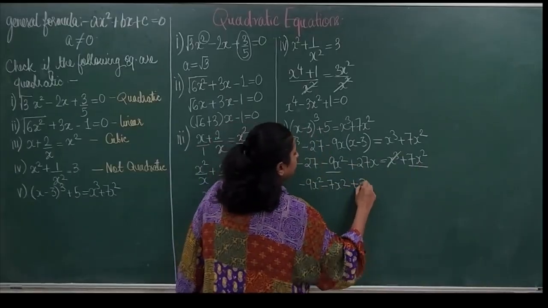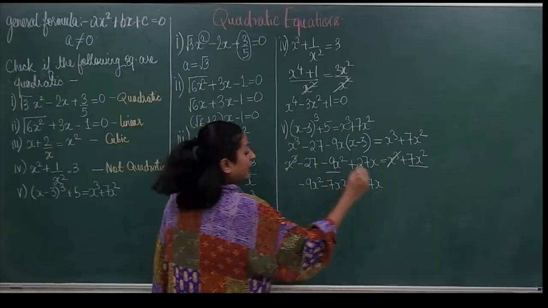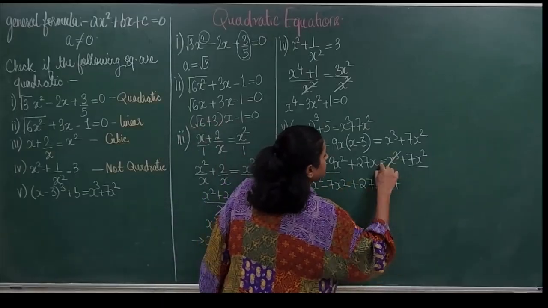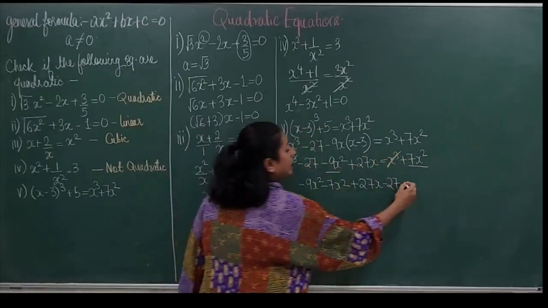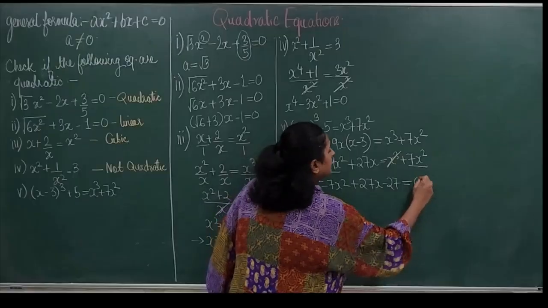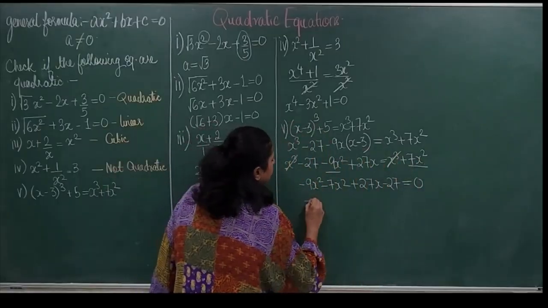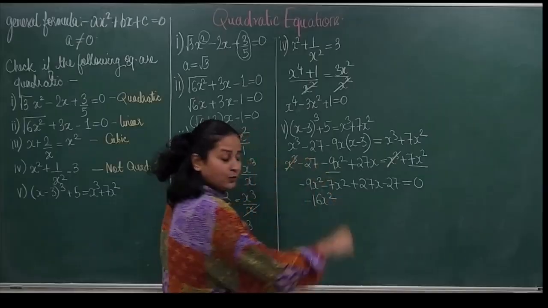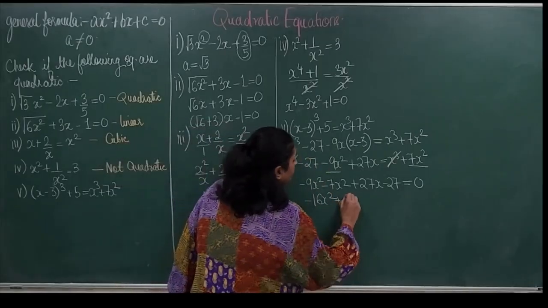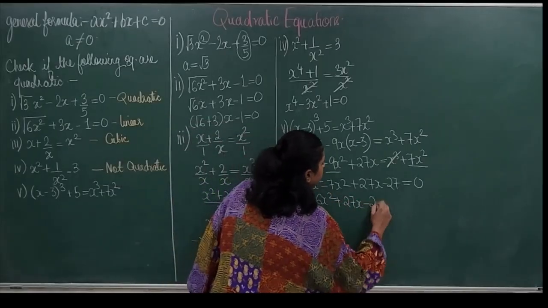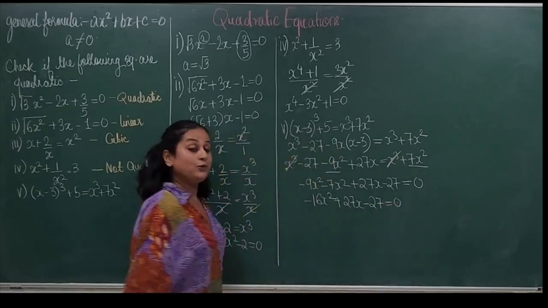I have plus 27x and I also have this number minus 27, and if everything is brought on this side, it becomes equal to 0. 7x square is brought on the left hand side. What is minus 9x minus 7x? Minus 16x square plus 27x minus 27 is equal to 0.